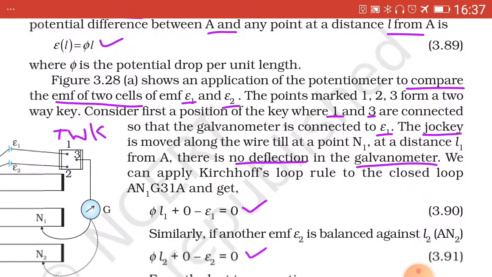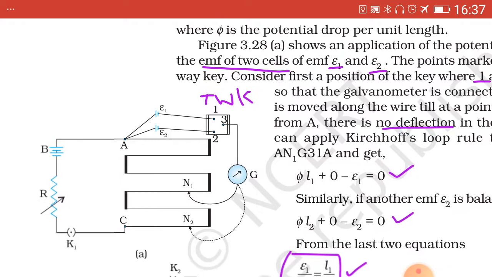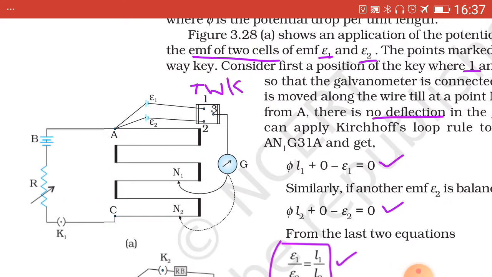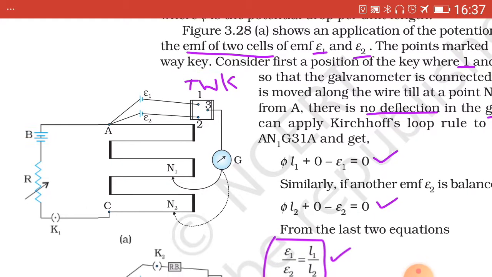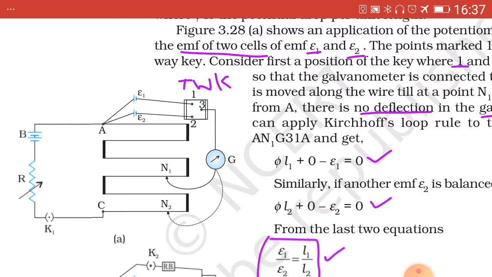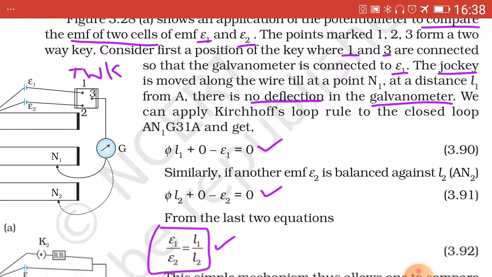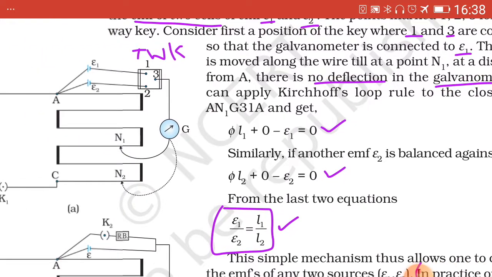And applying Kirchhoff's loop rule to the closed loop, A N1 G 3 1 A, from 3 to 1 and then to point A, we get phi L1 plus 0 minus E1.